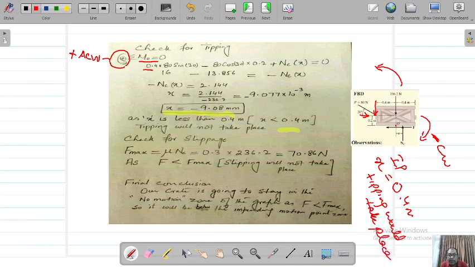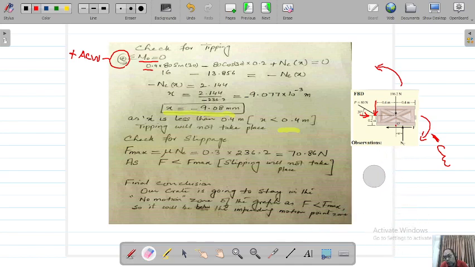Okay, but since we know that here x comes out to be minus 9.08, so no tipping.